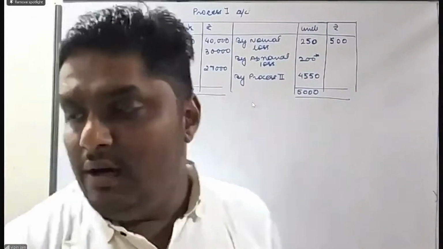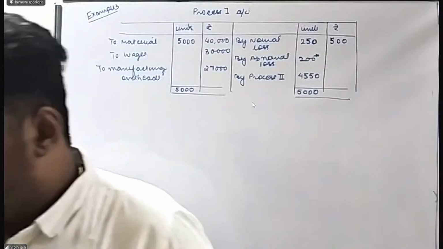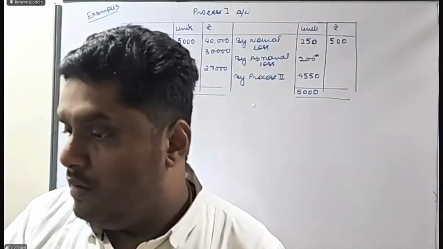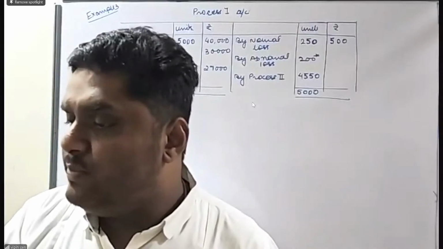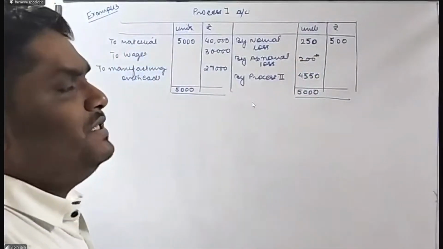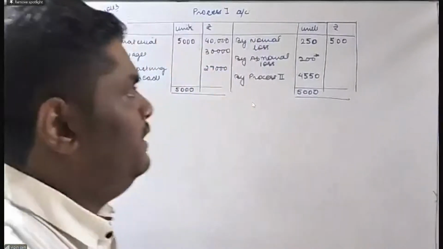If you guys have any doubts till now, please post your queries. Very good, Shreya. Yes, expected output is 4750. However, my actual output is 4550. It means there is an abnormal loss of 200 units.